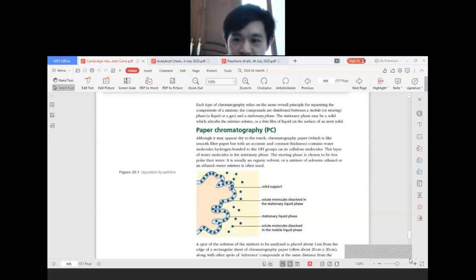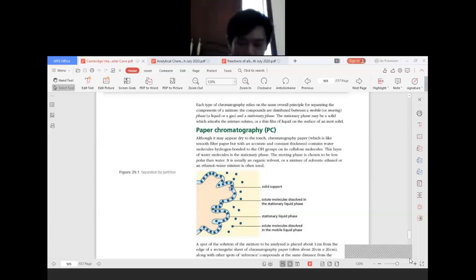So, what is the stationary phase? Is it the solvent that moves, the solute, or the paper? I think that's the paper. Yes, exactly. Because it is stationary.